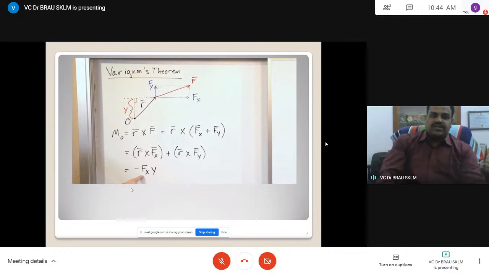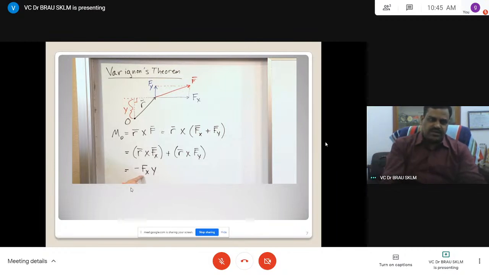Now let us see that the previous one is a scalar notation. If you want the vector notation, as per the right hand thumb rule, the force is acting in, let us say, the upward direction, and this is the rotation direction.